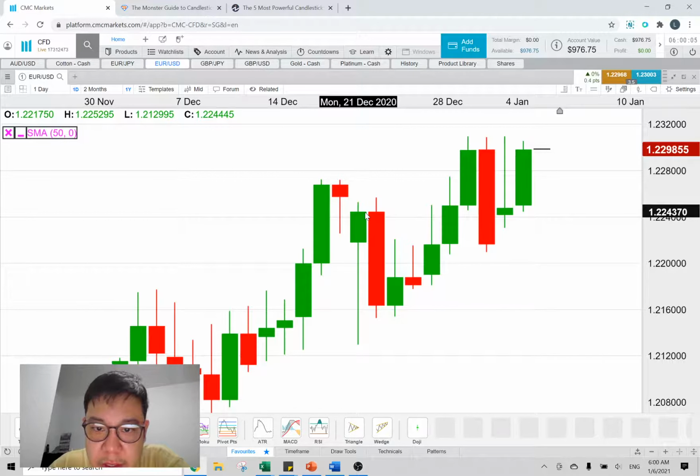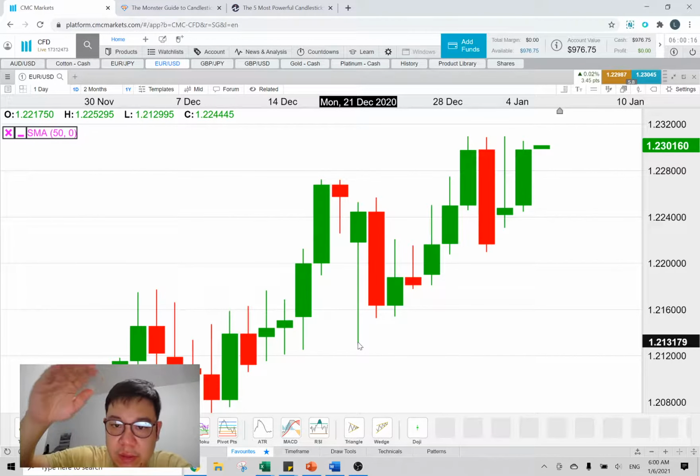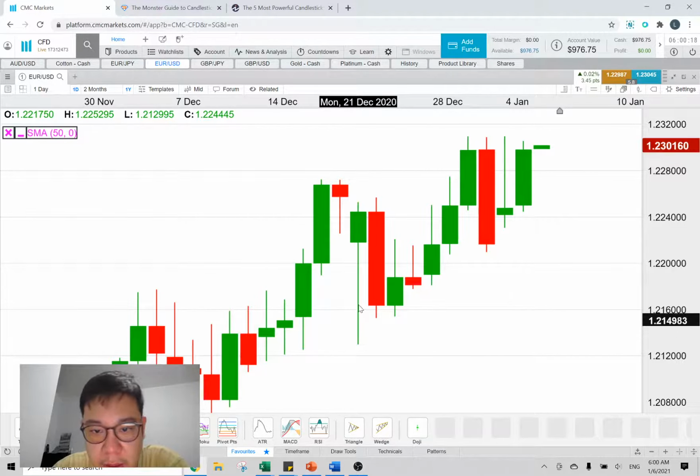So that's the closing price for 21st December. It opened here and then went down all the way to this low over the one whole day, went back up, and then went back down a little bit more, then closed at 1.224445.